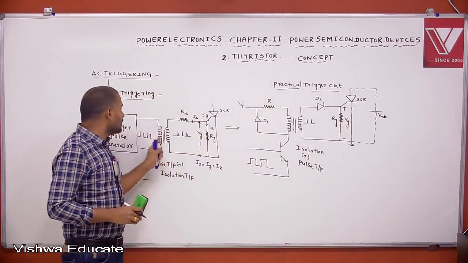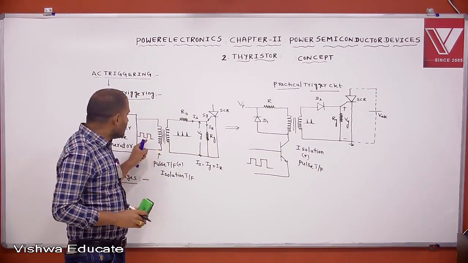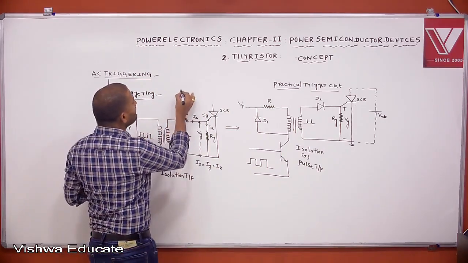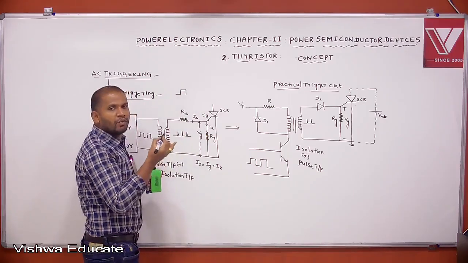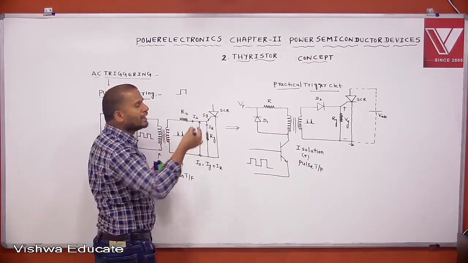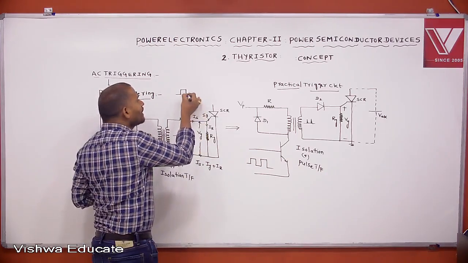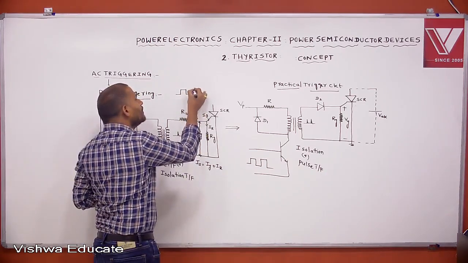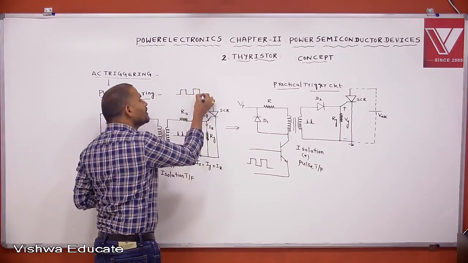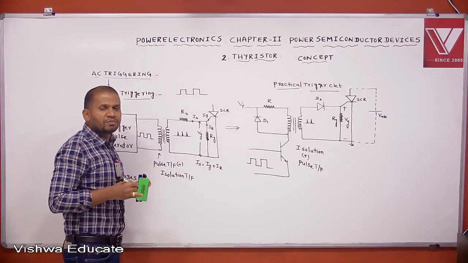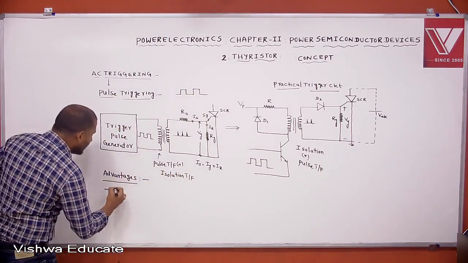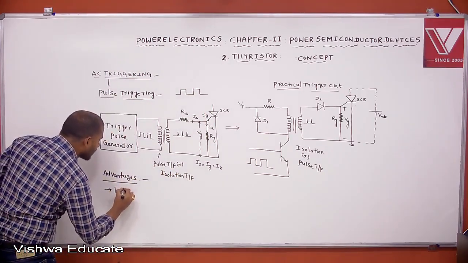With pulse triggering, is there any continuous supply? Whenever you want triggering, you can give the trigger pulse. Once conduction starts, the trigger is off. If you want triggering again, we give the pulses again, and then the trigger is off. Is there any continuous power supply? No. That's why one advantage is that there is no continuous power loss.